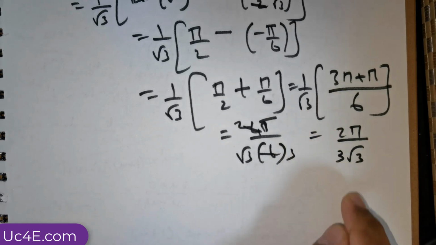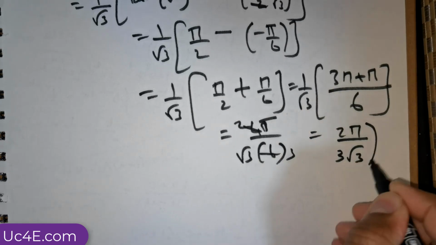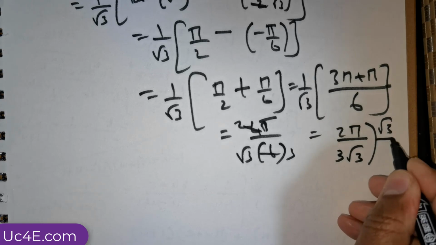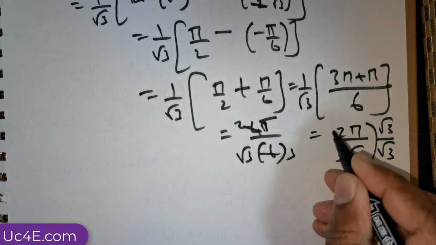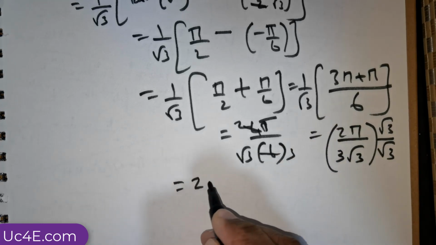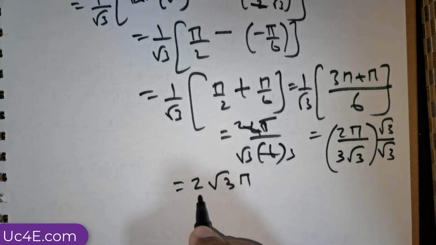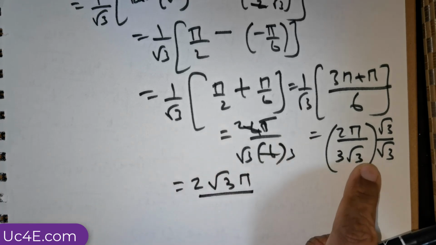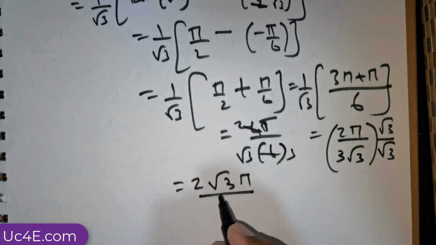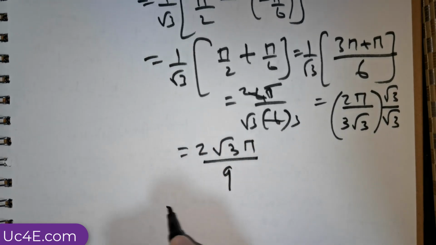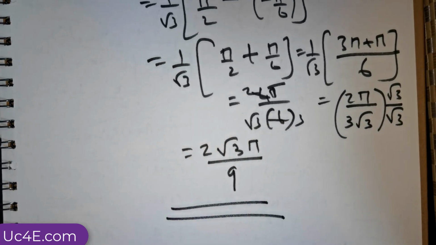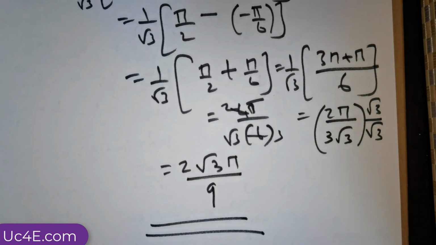We can't have √3 in the denominator, so I multiply √3 in the numerator and divide by √3. So this is 2 times √3 times pi, √3 into √3 is 3, and 3 times 3 is 9. This is the solution for this particular question.